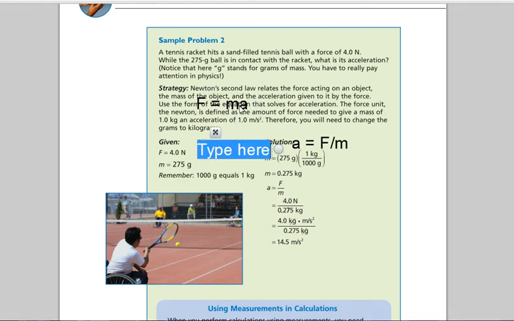What you want to do is, if a is being multiplied by m right now, you do the exact opposite to the other side, so F divided by m, and then divide this side by m. And what that'll do is the m's cancel out, the masses cancel out.